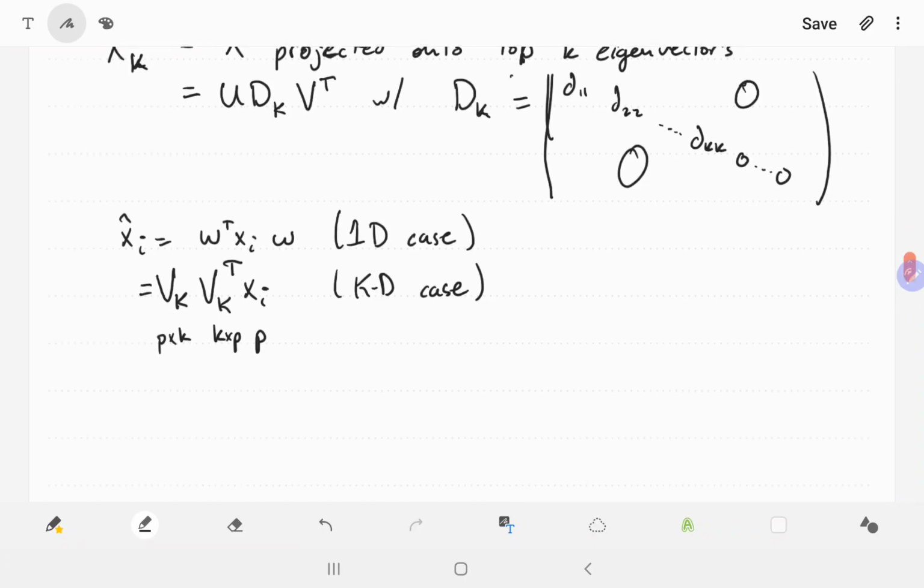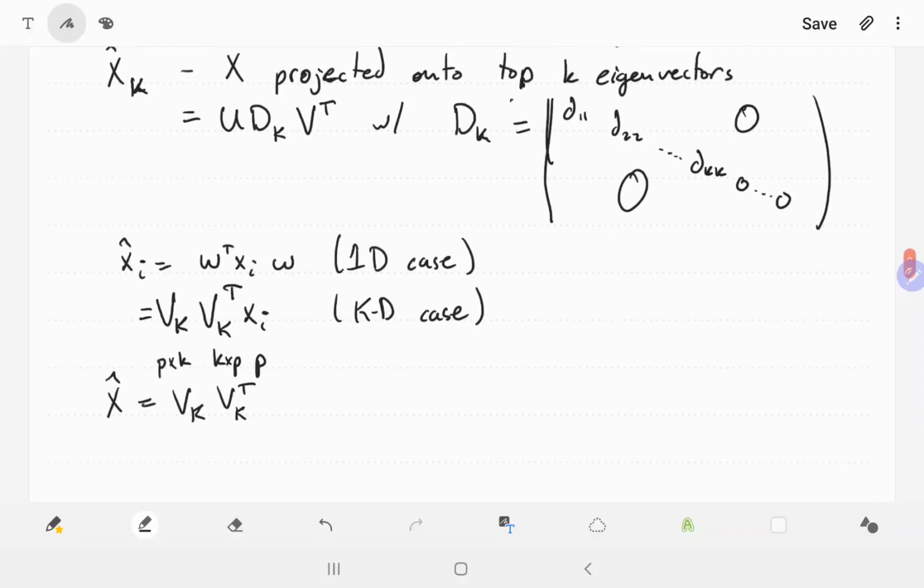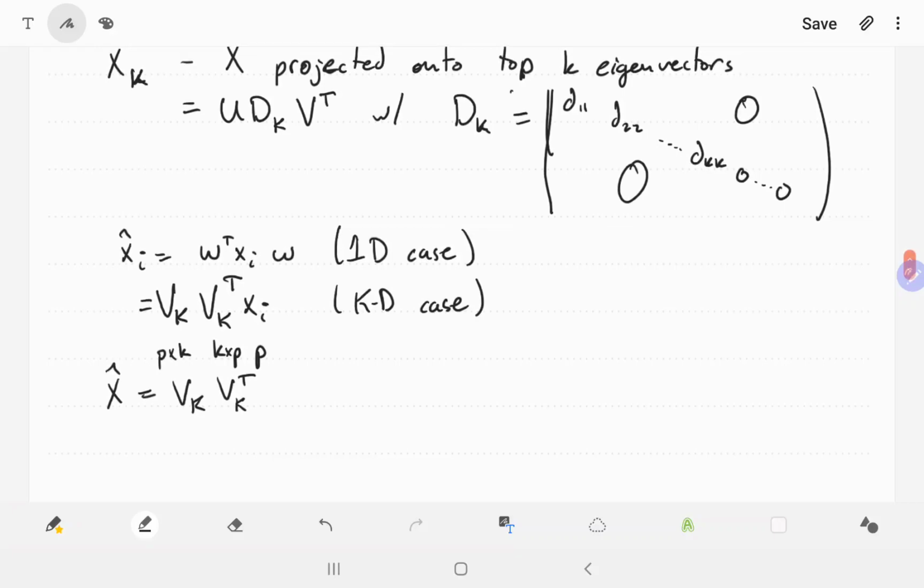And so if we write this out in terms of x, the full matrix, capital X hat is equal to V sub k transpose times the xi. These are the rows of x, but they're in vector form, so we have to transpose this, and we also have to transpose our x. And so this is equal to V sub k transpose V times D transpose U. Right?